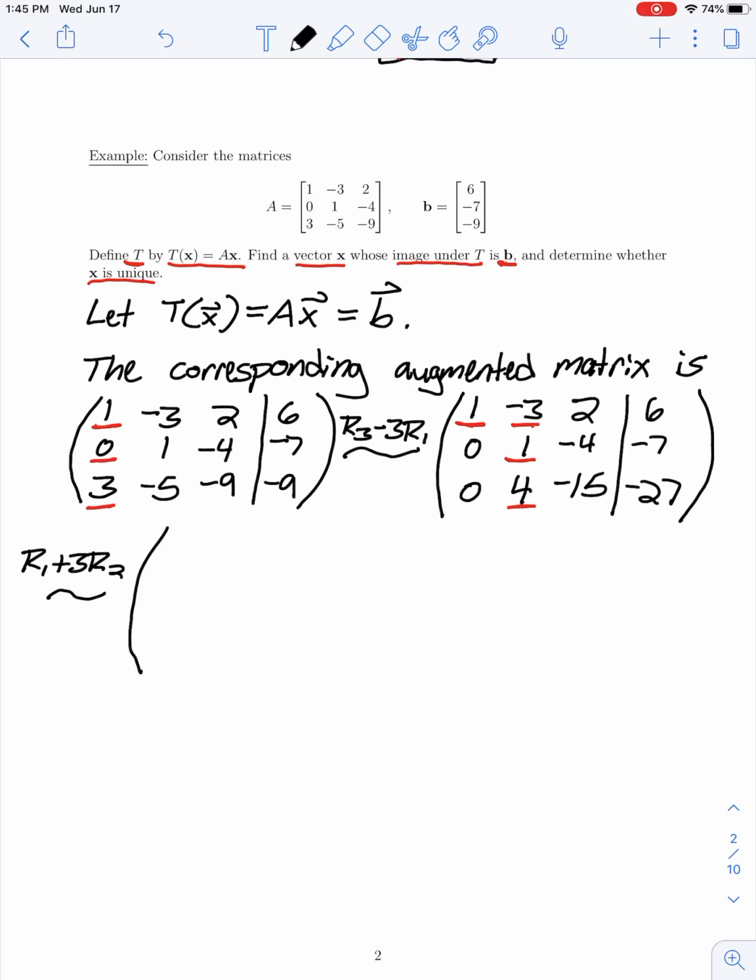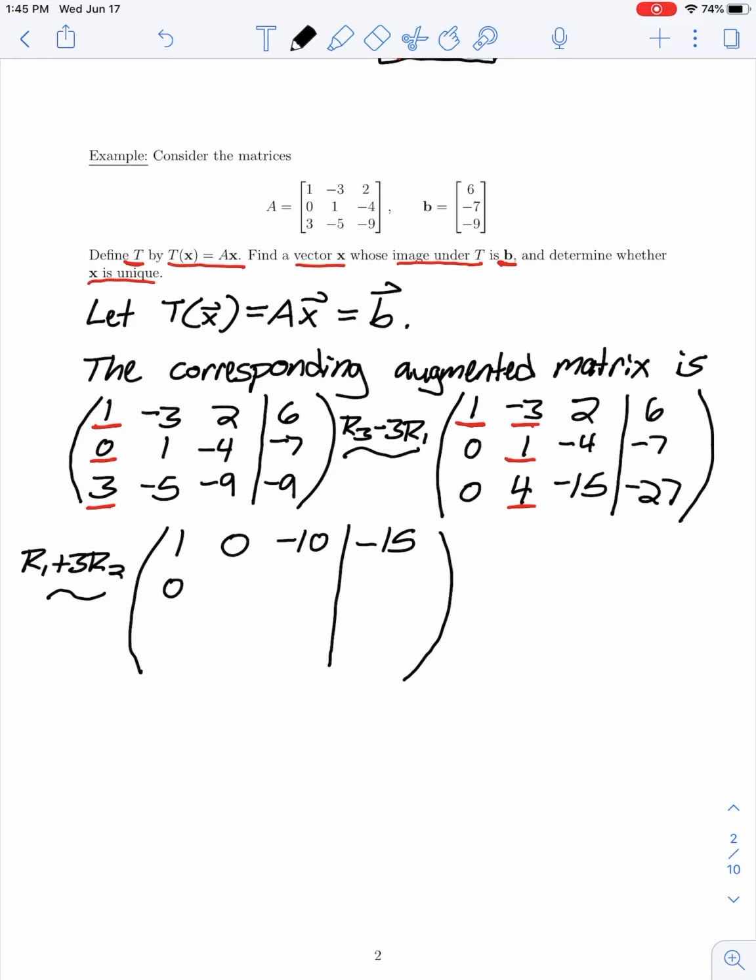So my first row becomes 1, 3 minus 3 is 0. We have negative 12 plus 2 would be negative 10. And on the right-hand side, we have negative 21 plus 6, which would leave me with negative 15.